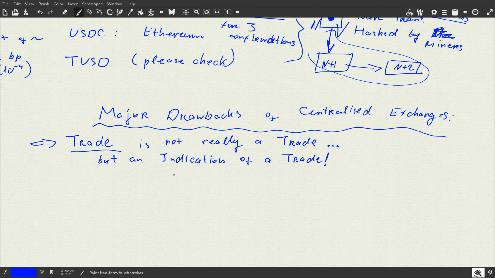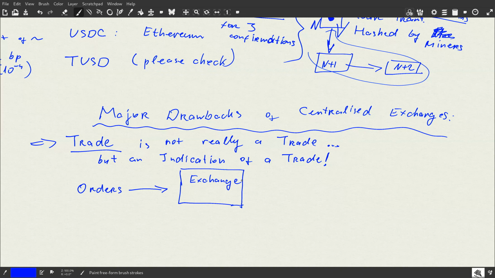But basically, what happens is that for a trade to happen, market participants send orders to the exchange. In detail, we will discuss this tomorrow.